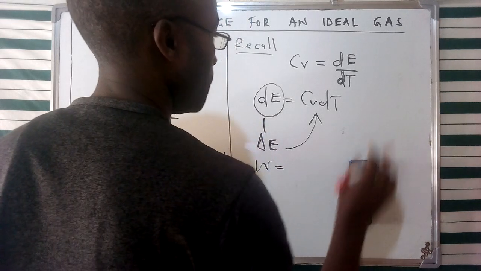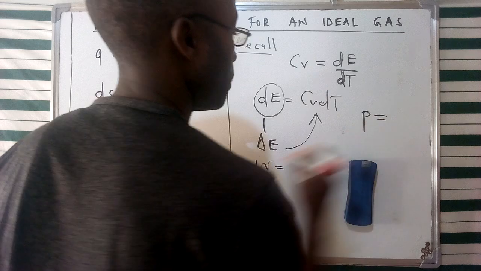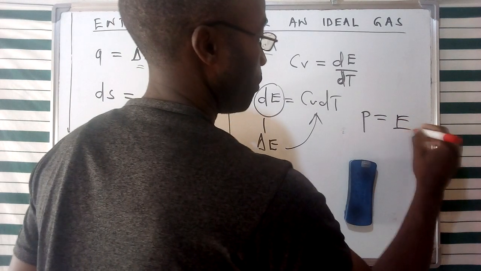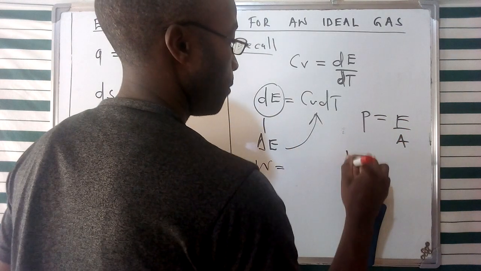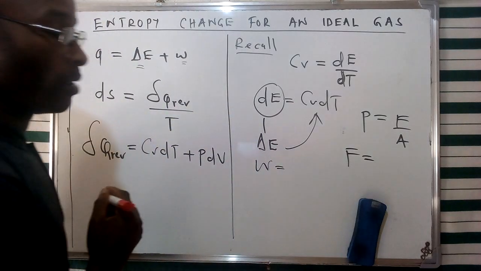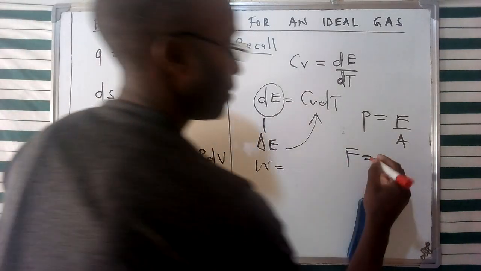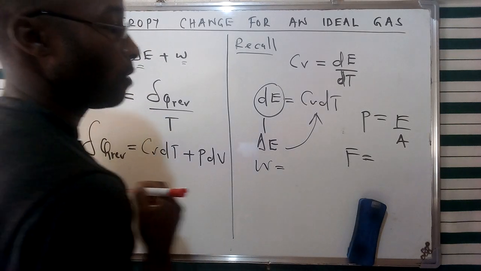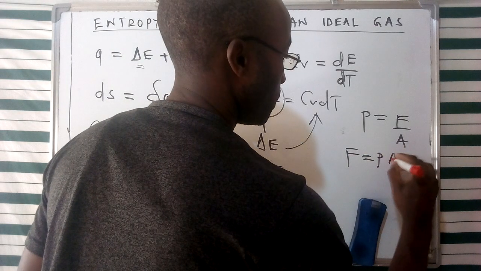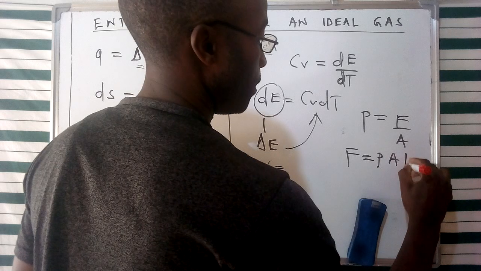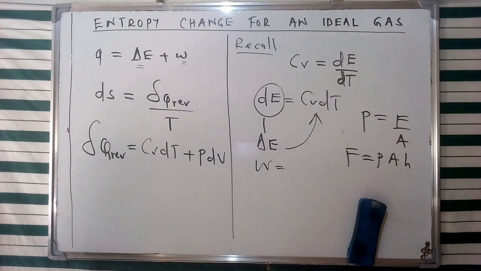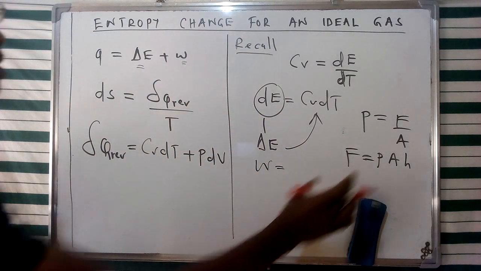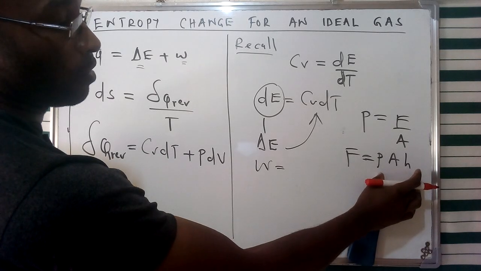From the normal representation, pressure is the ratio between force and area, and work is the product of force and the distance covered. For a compressed gas, we can represent the force as pressure times area, and the distance as the difference in height, Δh.